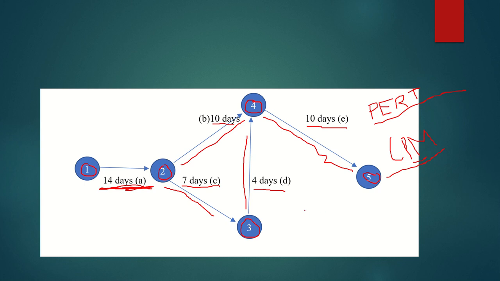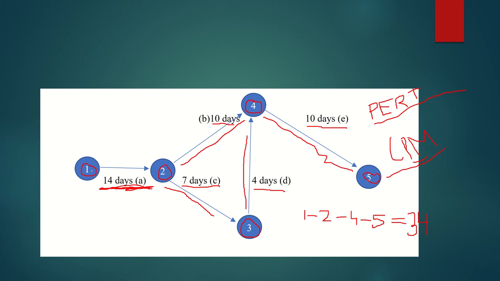So what is the time if we go by this path? 14 plus 10 plus 10, so this is 34. So this path is taking 34 days. Now we'll identify another path.